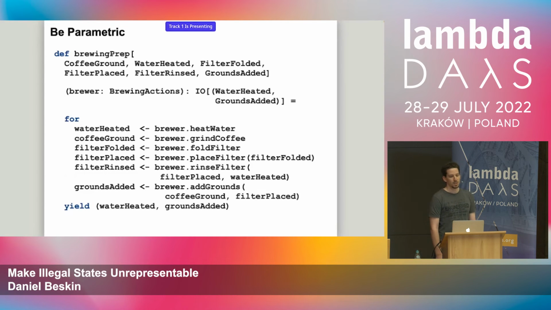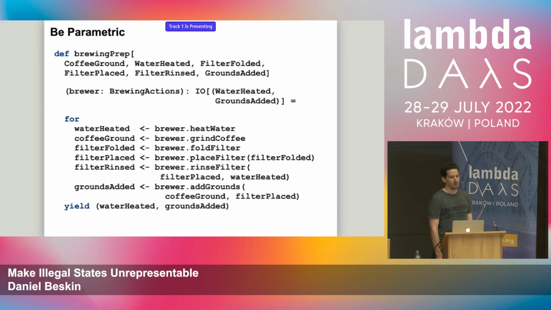And to make this explicit, we made our brewing prep function parametric. So now it takes 6 type arguments, which sounds scary, but since we don't care about the actual values, we can do that, and everything will just work the same way as before. So we explicitly declare the fact that we are invariant and don't care about how those types are specified.